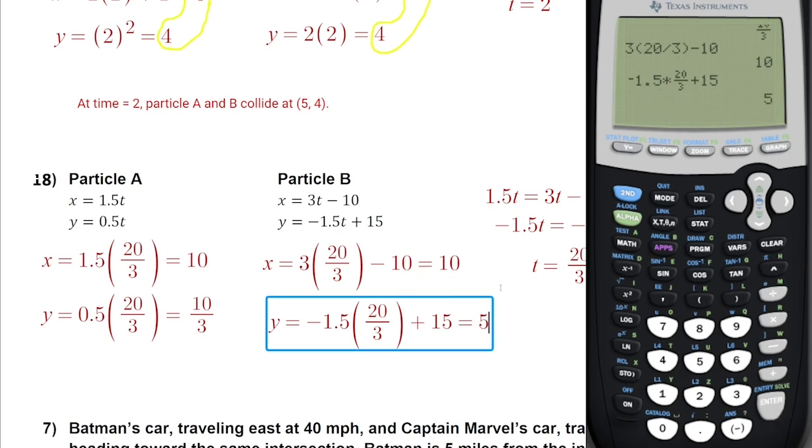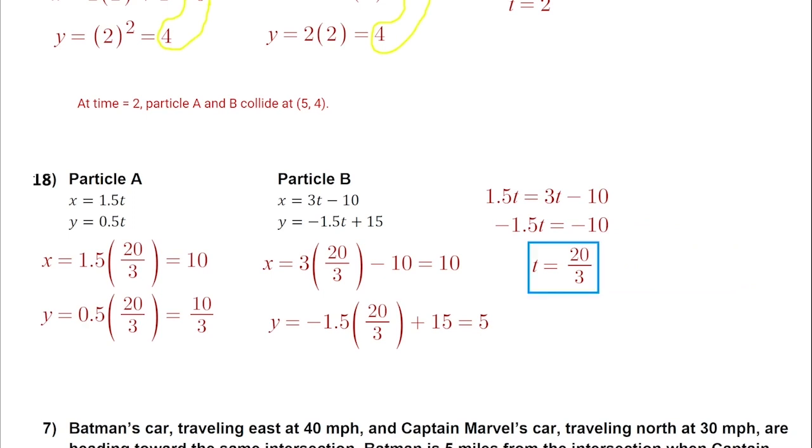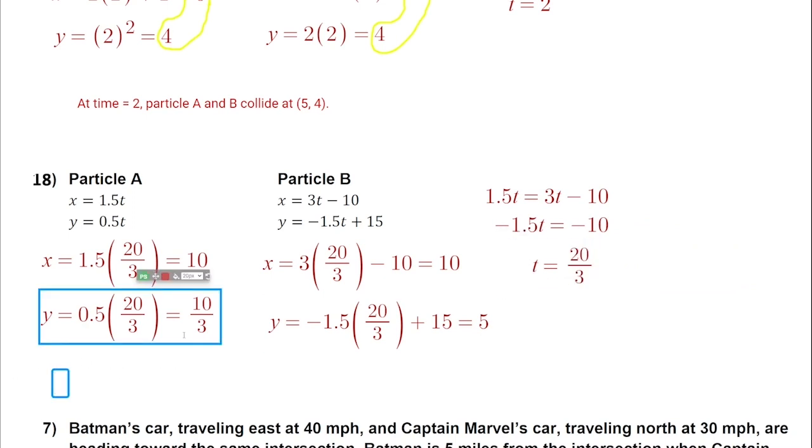Okay, so that means there's no collision, because this time was the only potential time there could be a collision. So if the collision's not happening here, it's not happening ever.